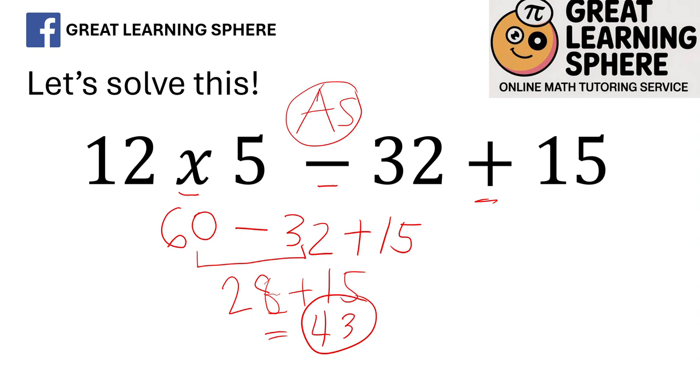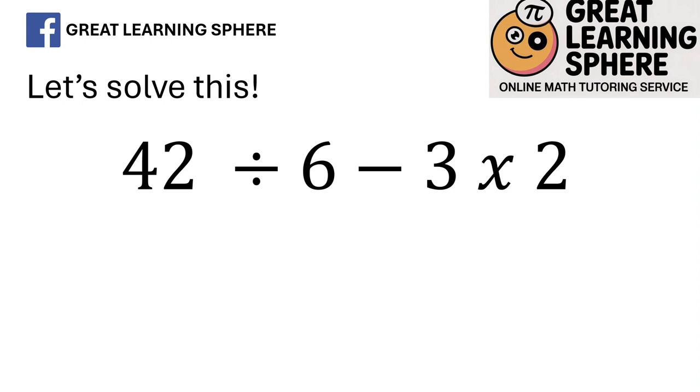Next, let's have another problem here. There are three operations: division, subtraction, multiplication. Again, do not consider M and D as separate letters. So multiplication or division from left to right, whichever comes first.